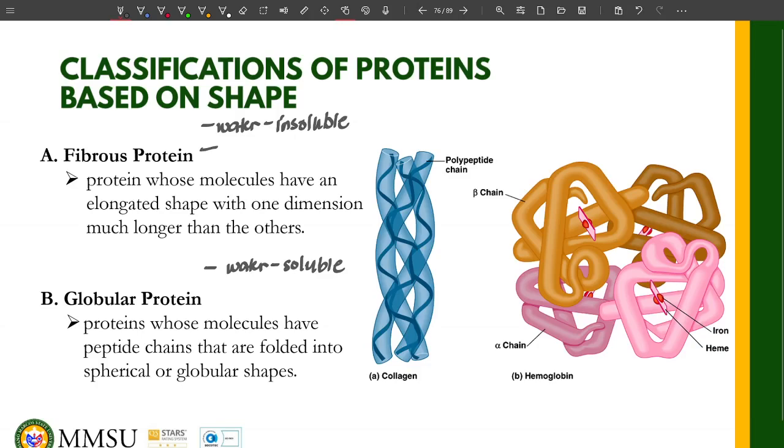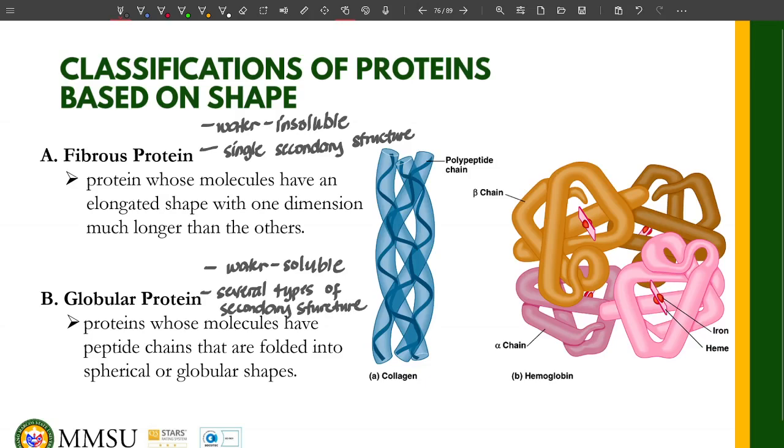So, kay fibrous, kung alpha helix yan, alpha helix lahat yan. Pero kapag kay globular, there's a combination, pwedeng alpha, pwede rin siyang beta. So, only a single secondary structure for fibrous, and globular has several types.